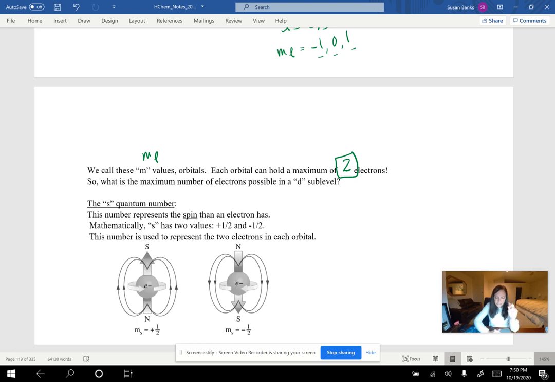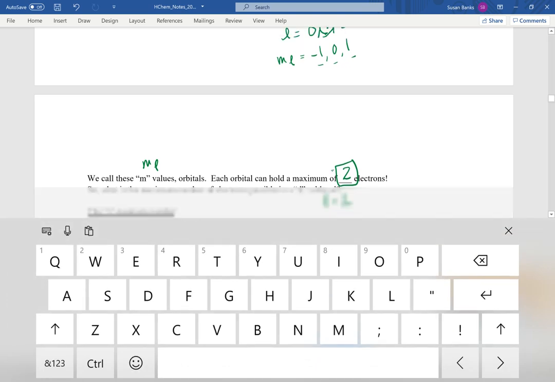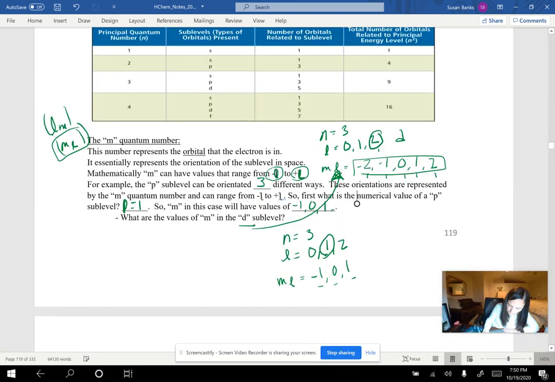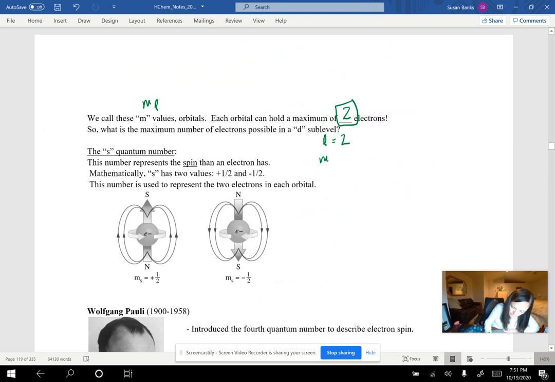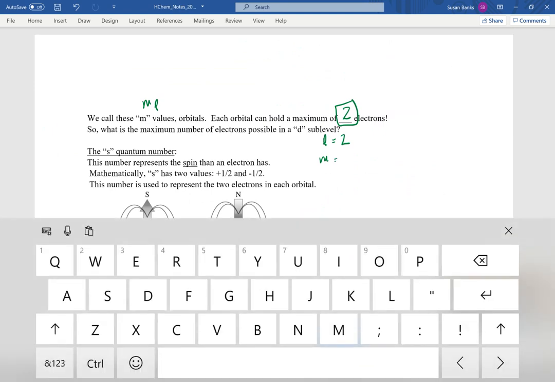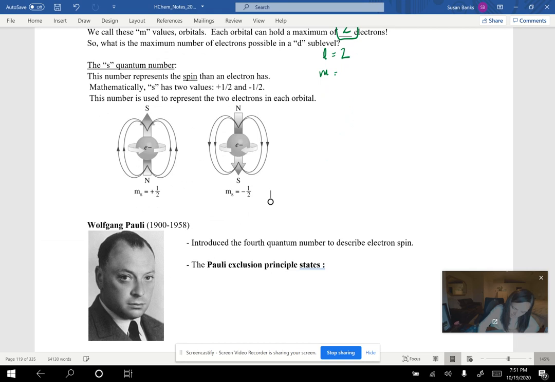So let's think about this. If I look at the d sublevel, we said if I have a d sublevel, my L number is 2. So that means my M numbers can be -2, -1, 0, +1, and +2.